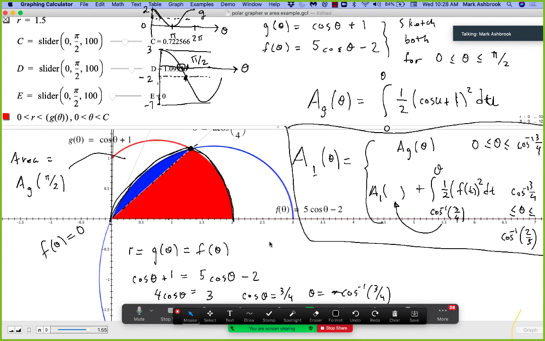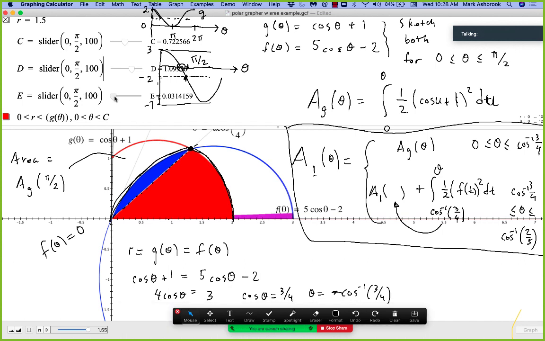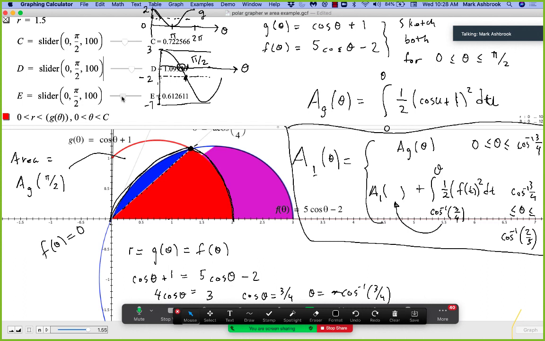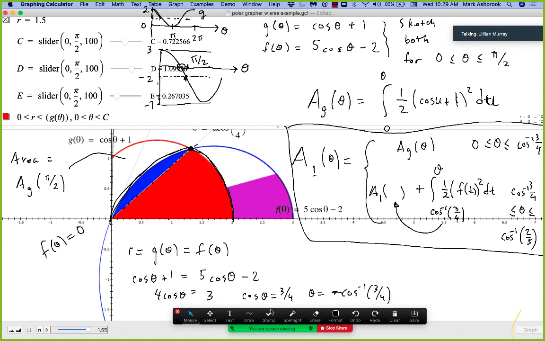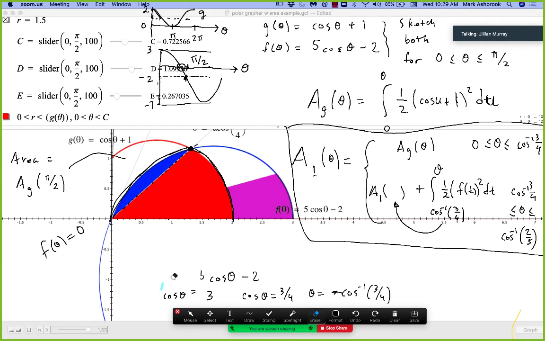Okay, one more thing. Quick, any questions on the piecewise accumulation function? All right, what about this area? I want to accumulate this area here, purple. How would I do that? You would do the accumulation function for, we'll call this A2.